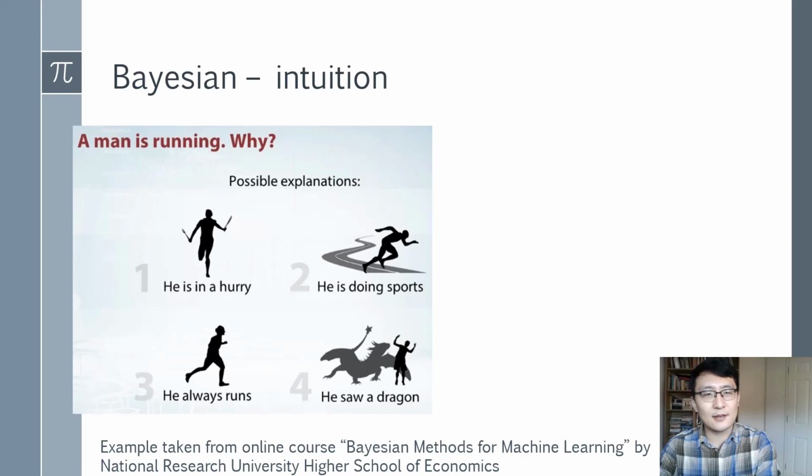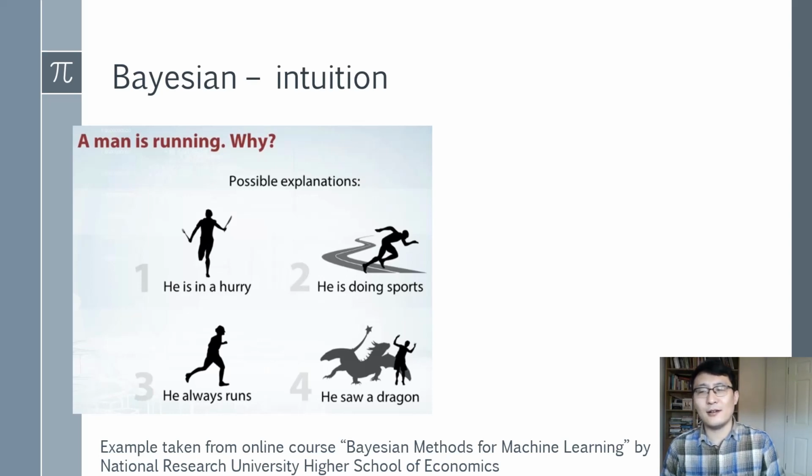It asks: a man is running. When you look at the picture, you saw a man running. What's the explanation? First possibility, he's in a hurry. Second, he's doing sports. Third, he always runs. And fourth, he saw a dragon.